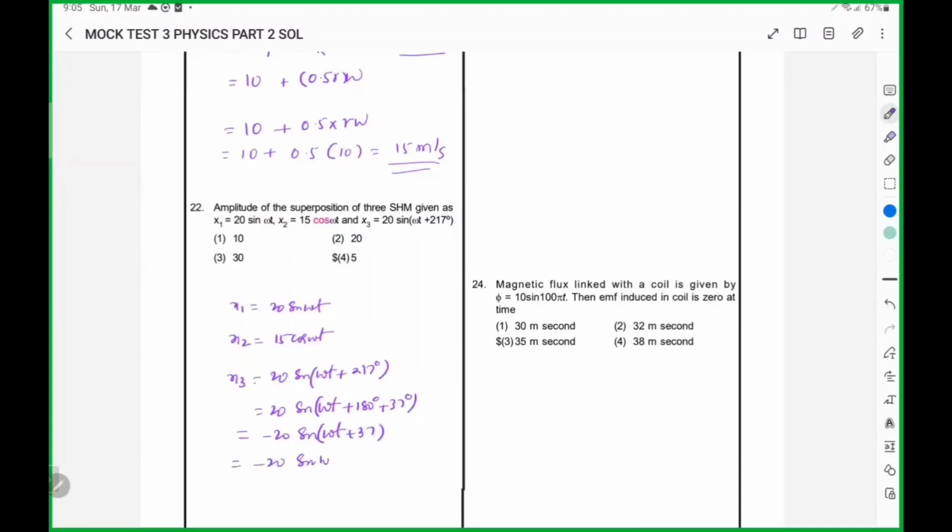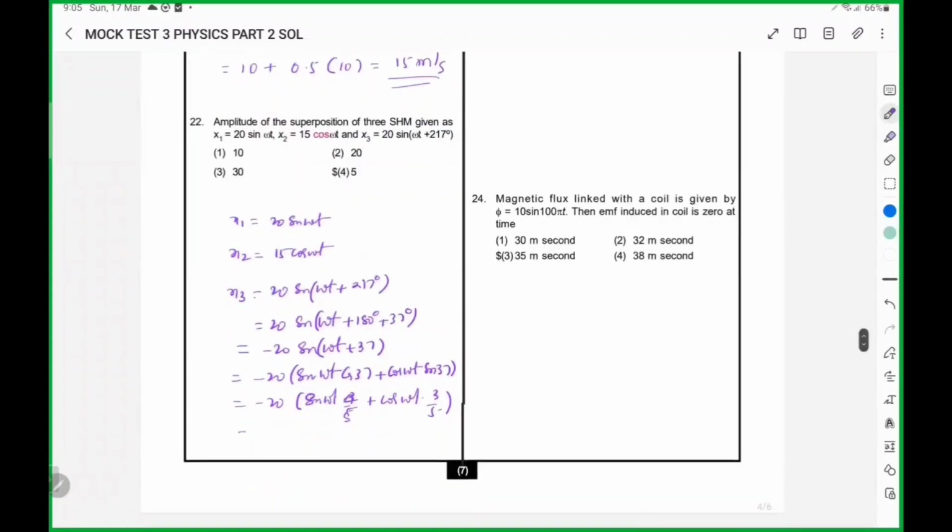Sine omega t cos 37 plus cos omega t sine 37. Cos 37 is 4 by 5, sine 37 is 3 by 5. So minus 16 sine omega t minus 12 cos omega t.